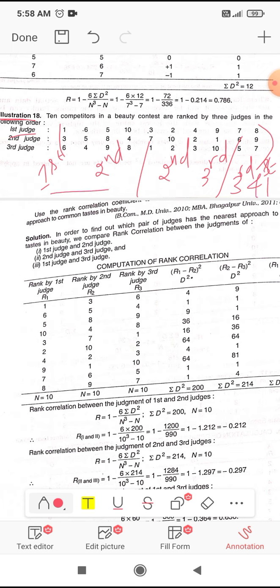Of these three values, whichever is the maximum, that pair of judges has the same common approach. You can change the order because we are finding only d square, so we just want the difference.